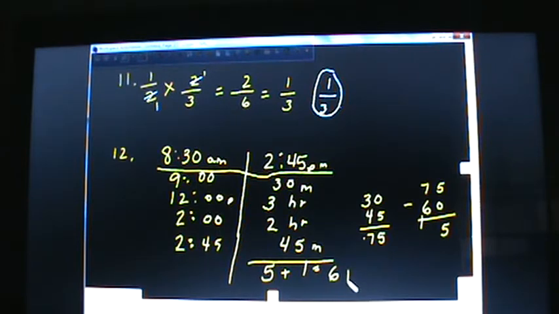So we're in school for 6 hours and 15 minutes. Okay, so from 8:30 a.m. to 2:45 p.m. is 6 hours and 15 minutes.